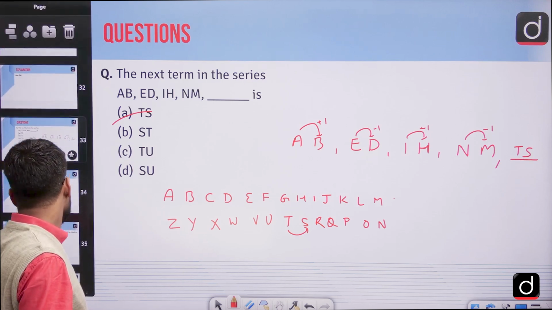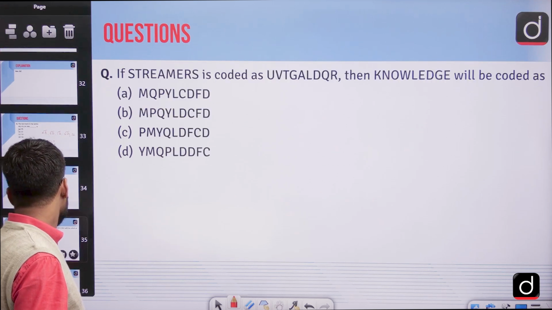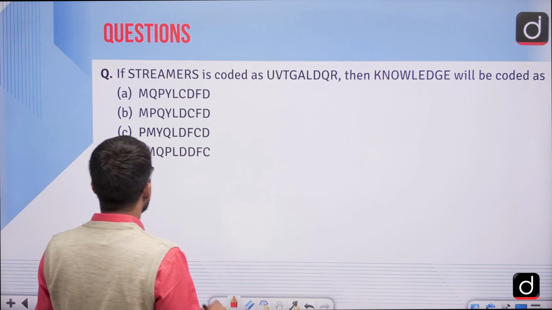All right. Try this one. This is a coding decoding question.